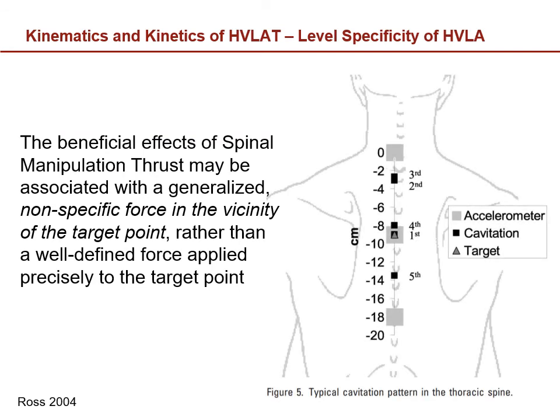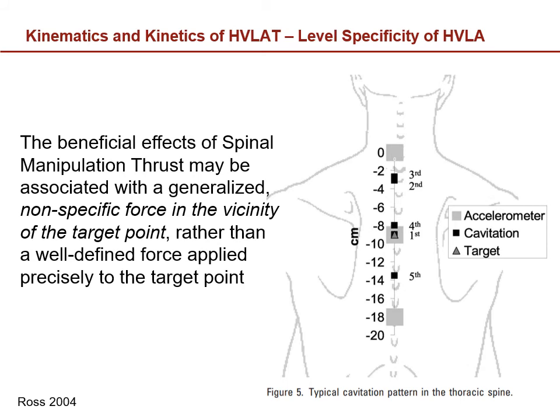Okay, so the beneficial effects of spinal manipulative therapy or thrust may be associated with a generalized non-specific force in the vicinity of the target segment rather than a well-defined force applied to a precise target. And this is the conclusion of Ross, 2004, and they drew up the schematic that helps us visualize this. The small triangle denotes the target segment or level, and that's also where the small applicator or the hand was placed during the thrust technique.